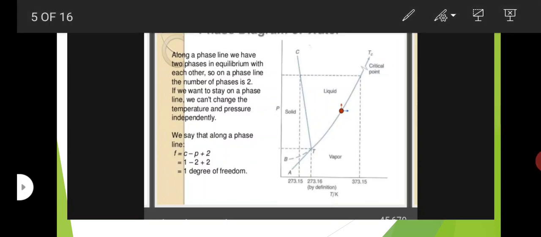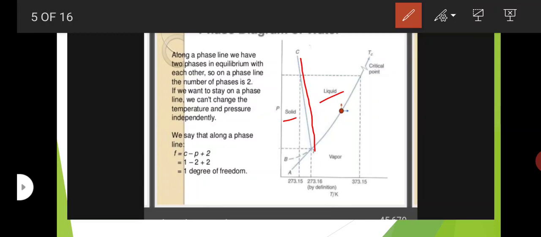For example, this is one of the curves. Along this curve we are having two phases, that is solid phase and liquid phase.